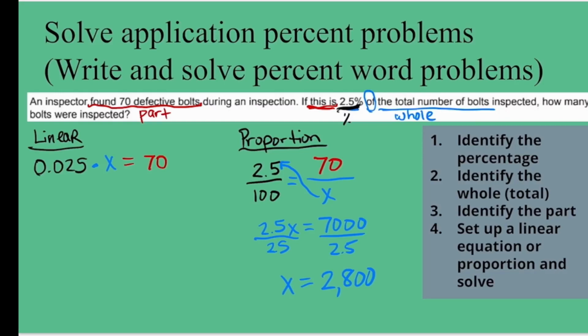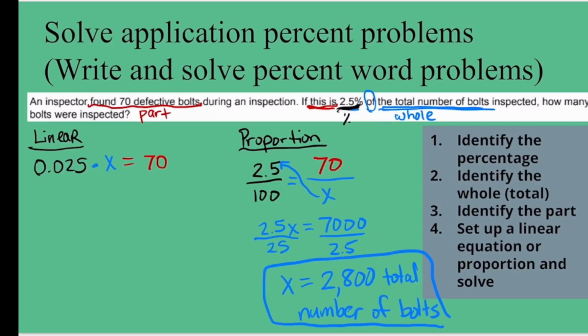Because this is a word problem, you want to make sure you understand what your answer is. 2,800 is the total number of bolts. Word problems get word answers. So I'll solve it as a linear equation also, just for fun. If you're multiplying by 0.025, then we have to divide.